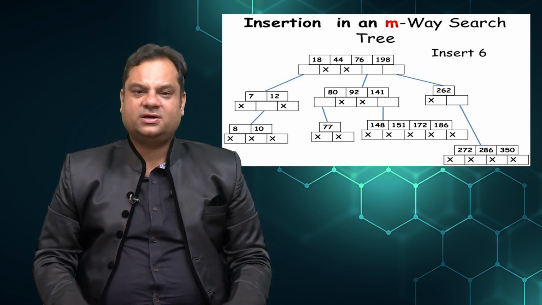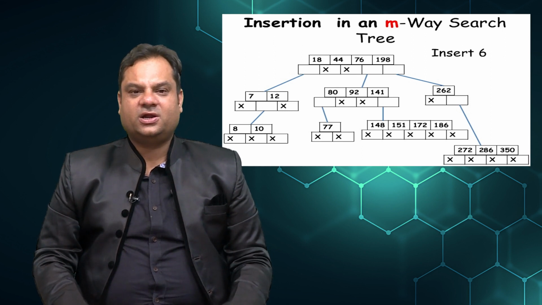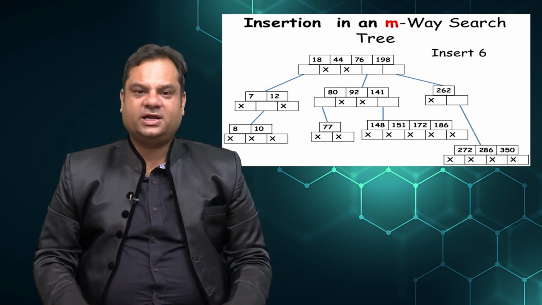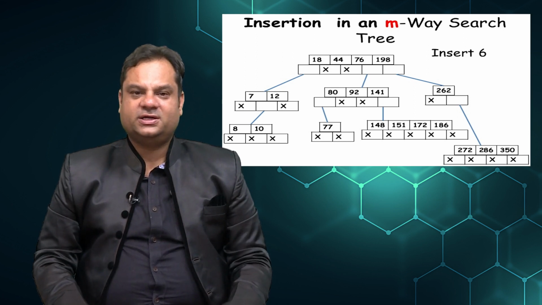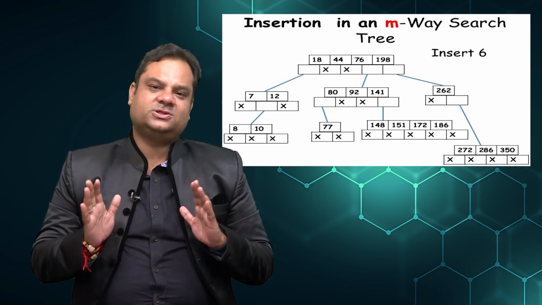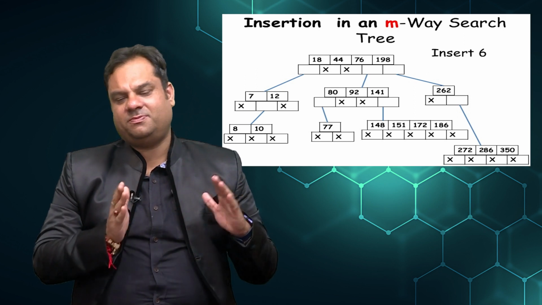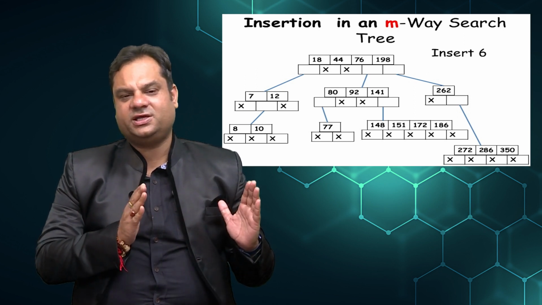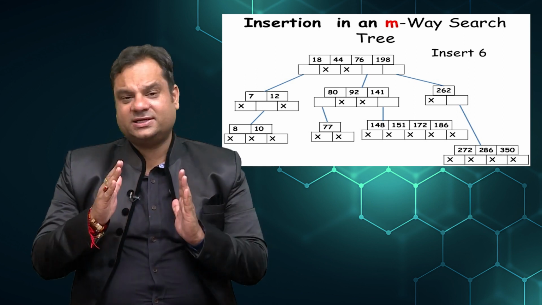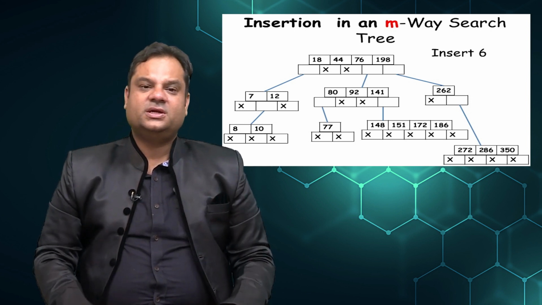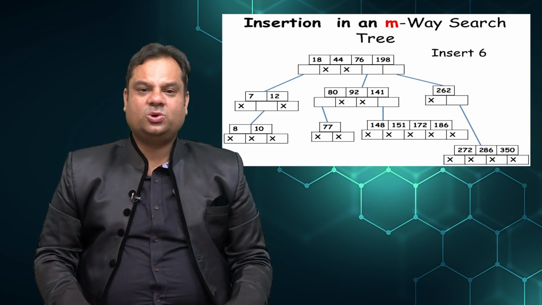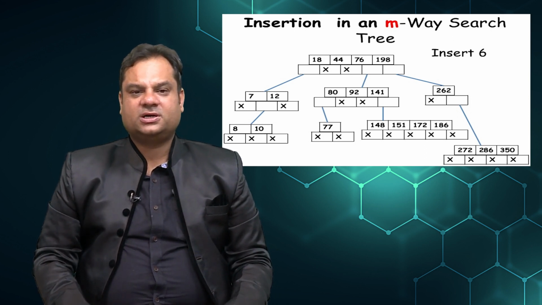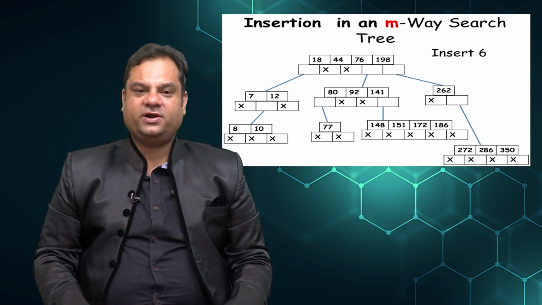Here we already have a tree, with 4 items in the root node: 18, 44, 76, 198. As with a binary tree, all the smaller items are connected on the left-hand side of a key, and the bigger items are connected as the right successor of a key. As you see, 7 and 12 are both lesser than the root key 18, that's why both items are connected as the left successor of 18.